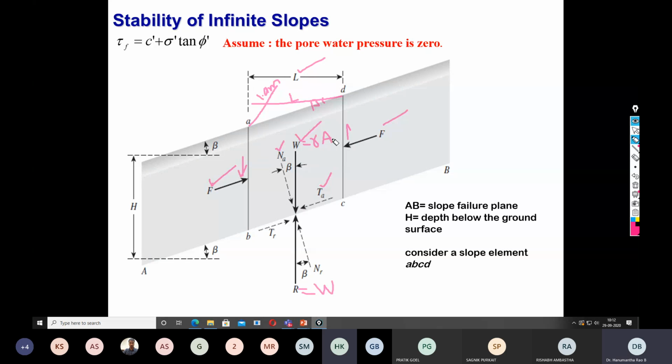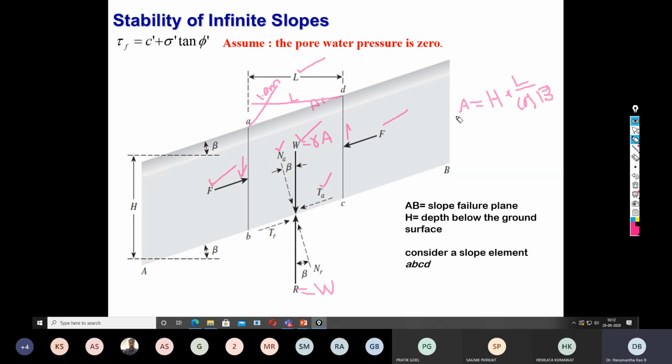Now how much is the area here? H into L cos beta. Alright, H is the height, multiplied by L cos beta or L by cos beta? Sir, I think L by cos beta.